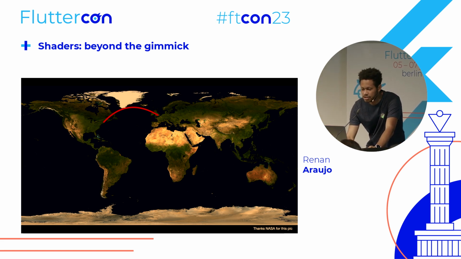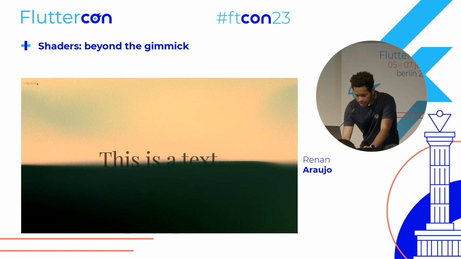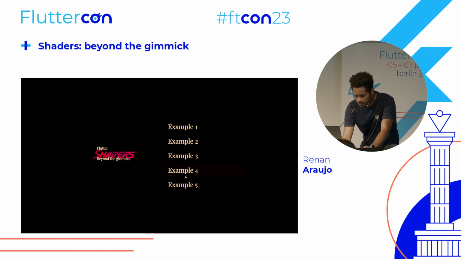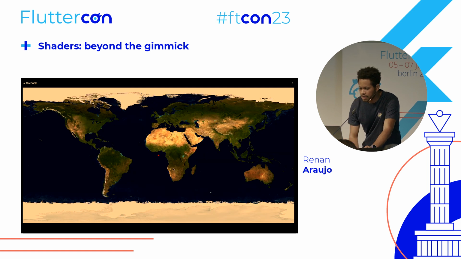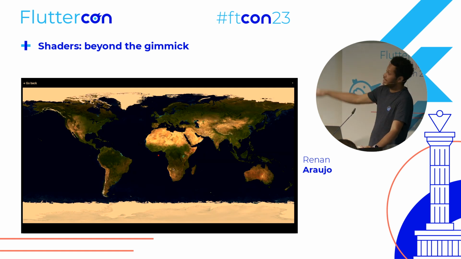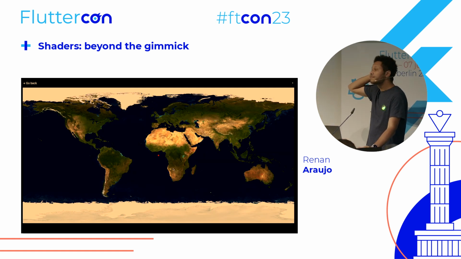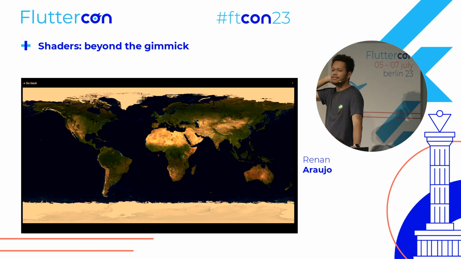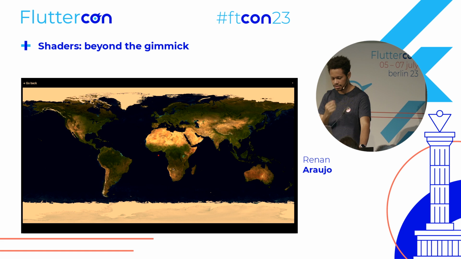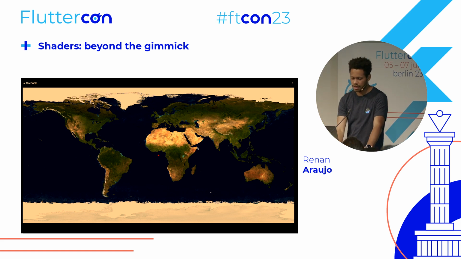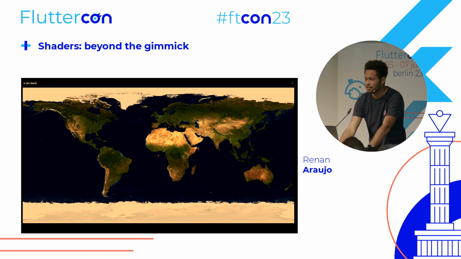So I made a shader to change that. We start with the literal image that I showed on the slide, and I'm using it as a texture here. It's something that I got from NASA.